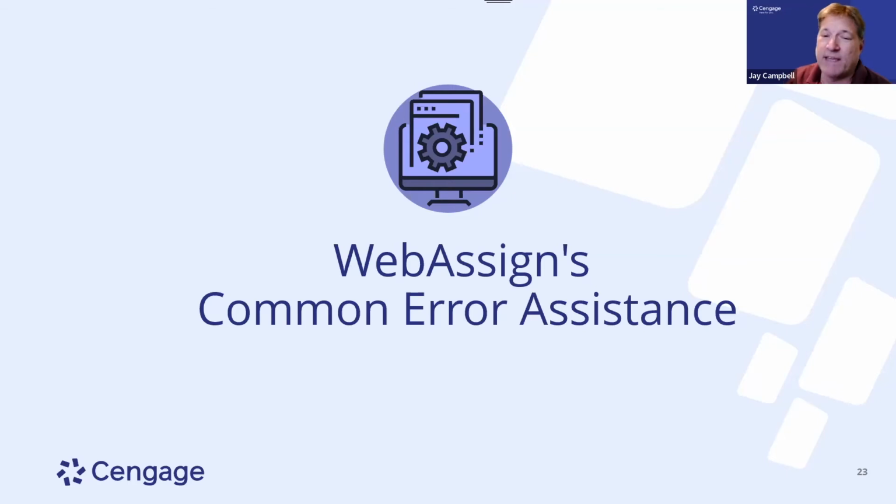All right, thanks, Mark. Hi, everyone, and thanks again for giving us some time to show you some of these things today. So as been mentioned, we have this new feature that will be coming out in select titles that will be available for the beginning of fall classes, is what we're calling Common Error Assistance.